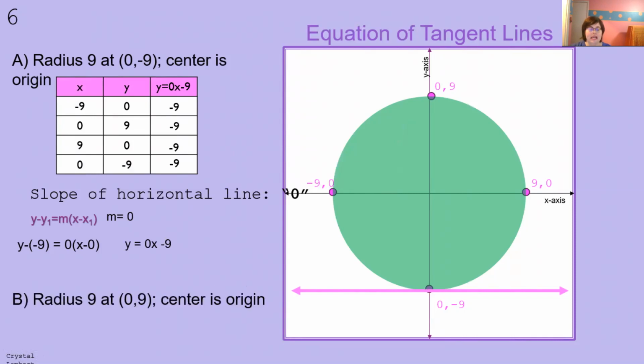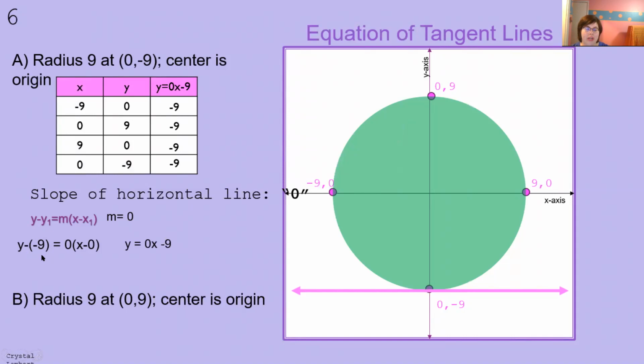So now for part B, we're going to look at the radius of 9 at 0, +9, and we want to see the tangent line there. Well, it's pretty much exactly the same, right? Instead of plugging in a -9 like we did at the top, we're going to plug in a +9. So it's going to be y minus 9 is equal to 0.